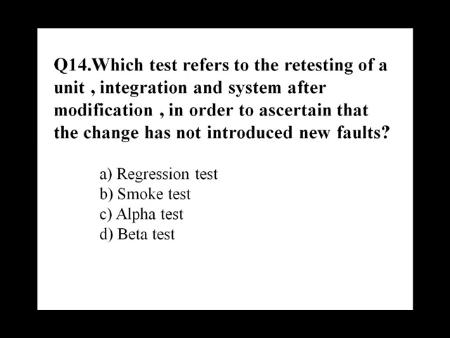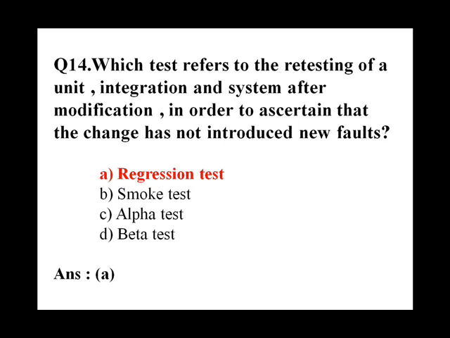Next question. Which test refers to the retesting of a unit, integration and system after modification in order to ascertain that the change has not introduced new faults? The options are recursion test, smoke test, alpha test, beta test. The correct option is recursion test.